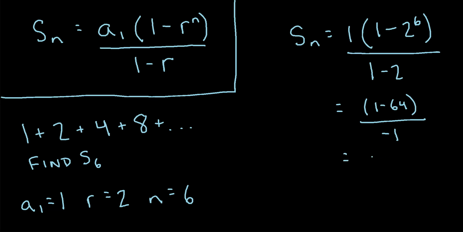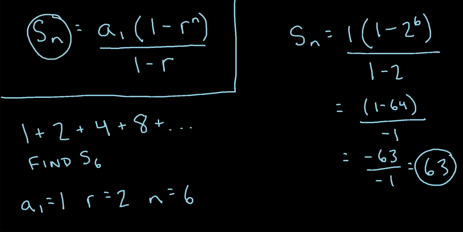So we get 1 minus 64 is negative 63 divided by negative 1. A negative divided by a negative makes a positive, so our final answer is 63. So the sum of the first 6 terms in this geometric series is 63. So you can use this formula up here to calculate the sum of any finite geometric series.